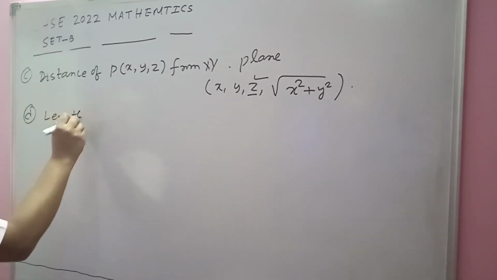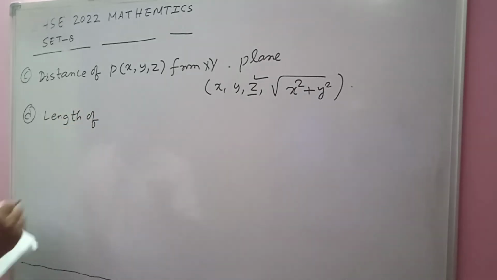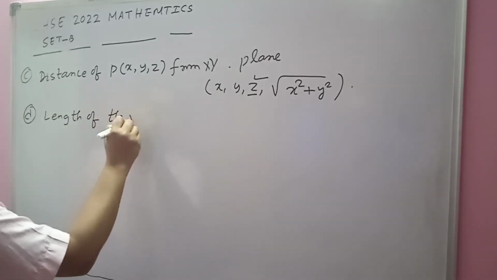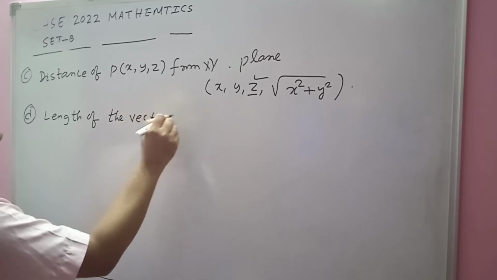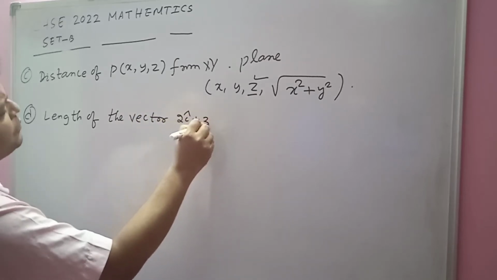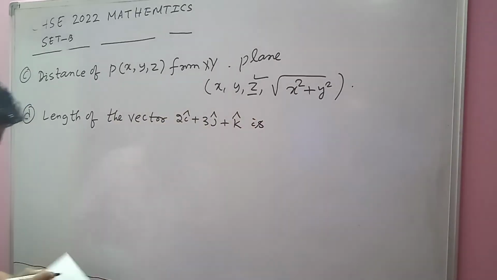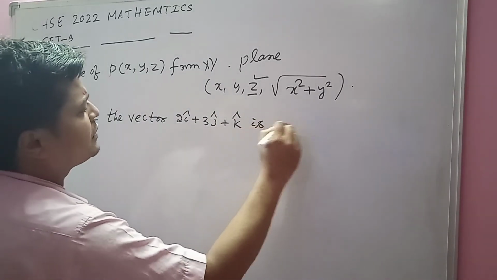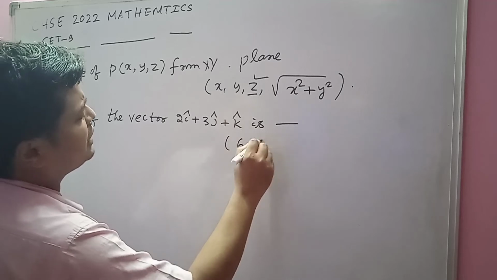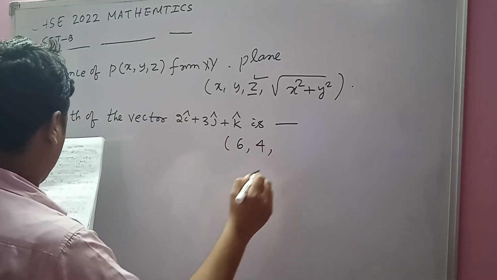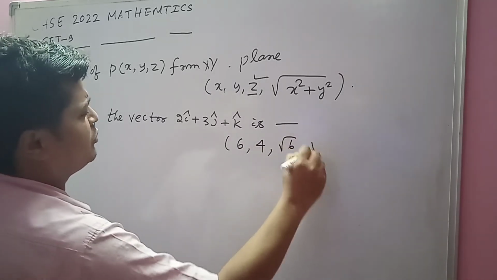Length of the vector 2i cap plus 3j cap plus k cap is dash. Options given: 6, 4, root 6, root 40.